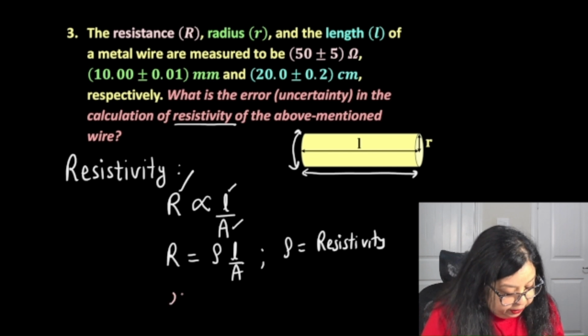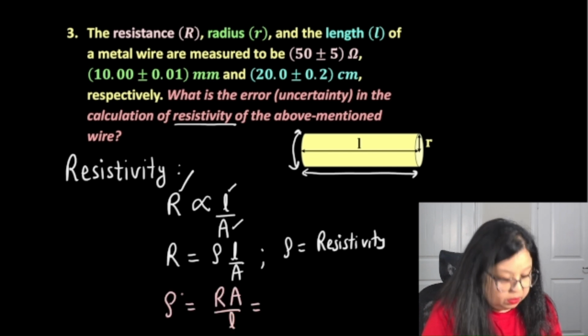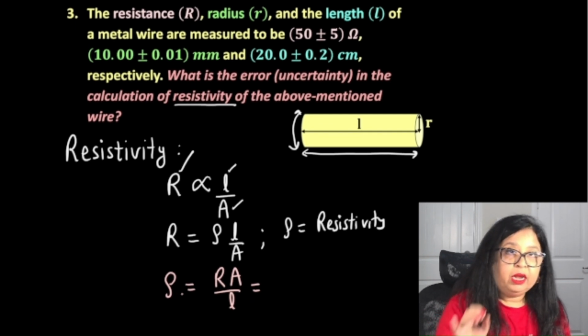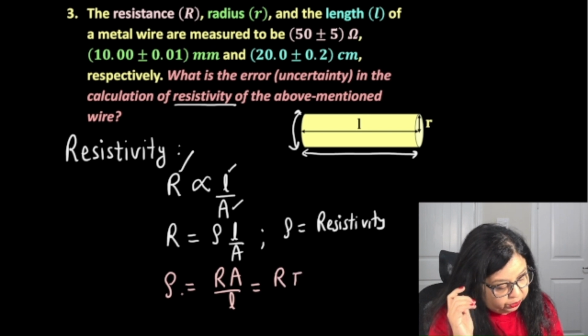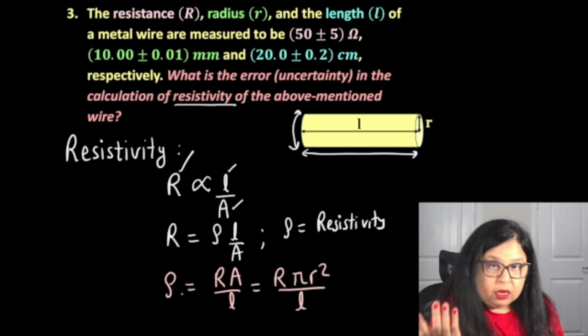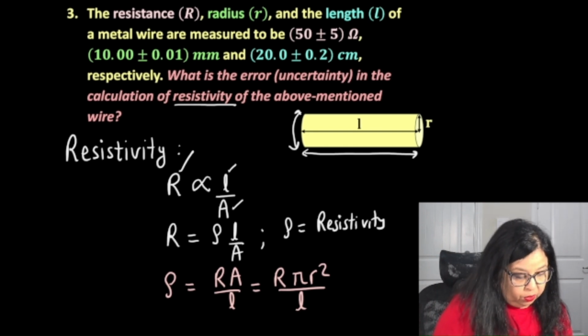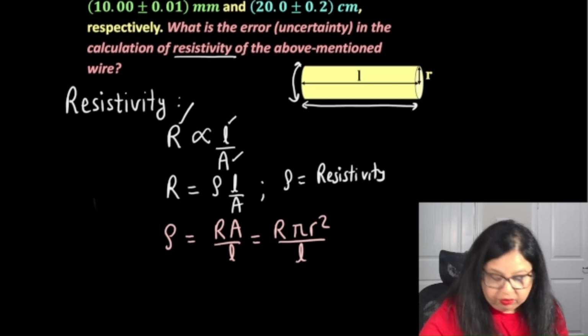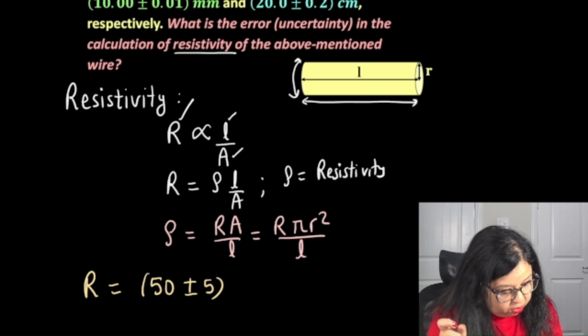So from this equation, rho equals RA over L. And we already said it's a cylindrical wire, so its area of cross-section will be pi r squared over L. Now we have this formula for the resistivity. Let's write down what else we are given. We're given the value of the resistance, R, which is 50 plus minus 5 ohms.